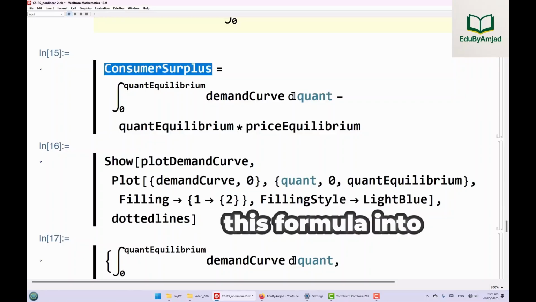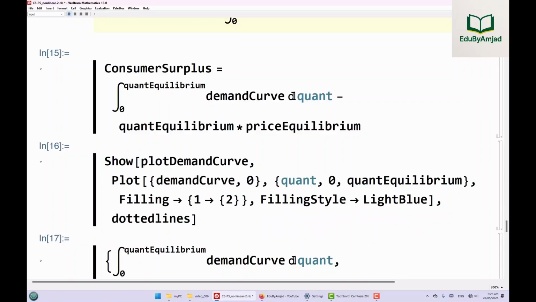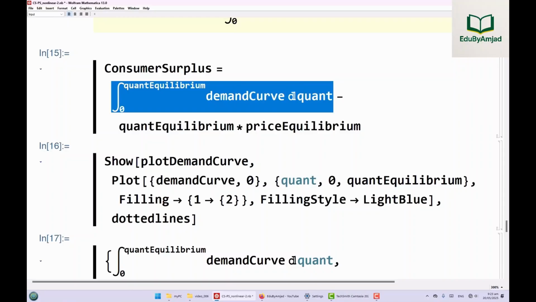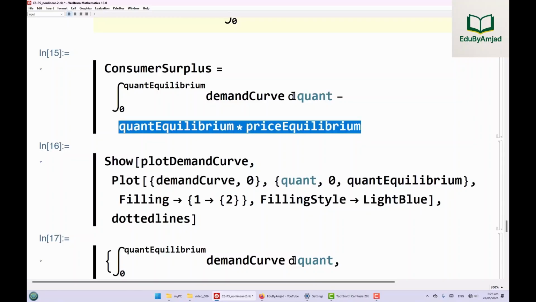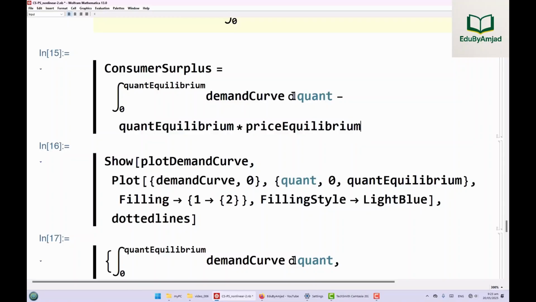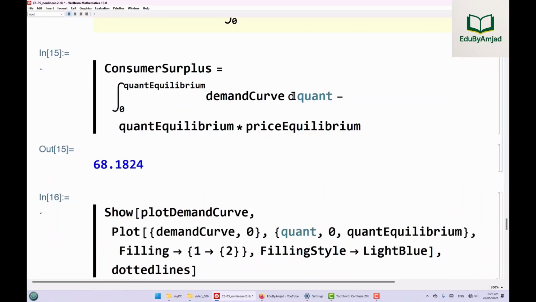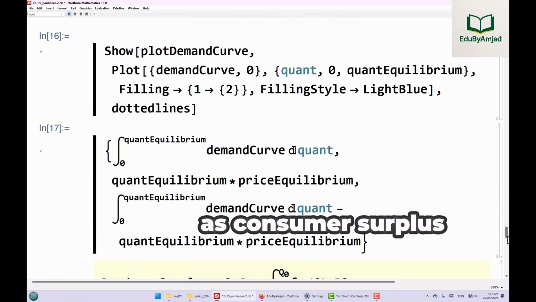Here, we input this formula into Mathematica, giving us 68.18 as consumer surplus.